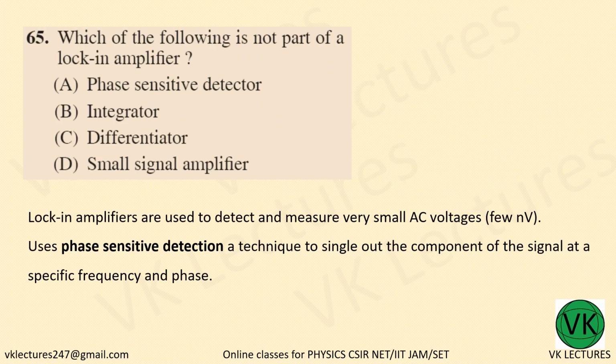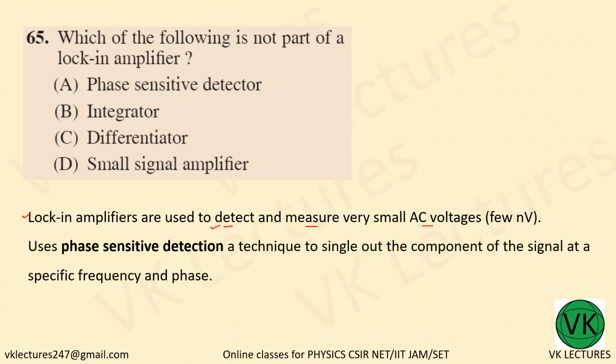Question number 65. Which of the following is not part of lock-in amplifier? Now, a lock-in amplifier is used to detect and measure very small AC voltages. So detection of signal is required.